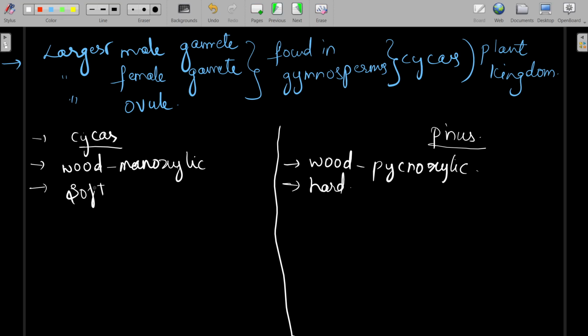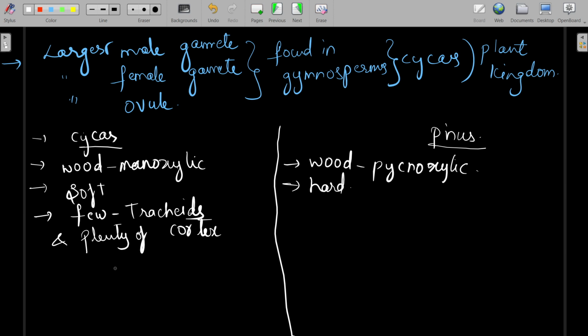In cycas, you can find only a few tracheids. That is the reason wood is soft in cycas. Plenty of cortex is seen, and this cortex is made up of parenchymatous cells.